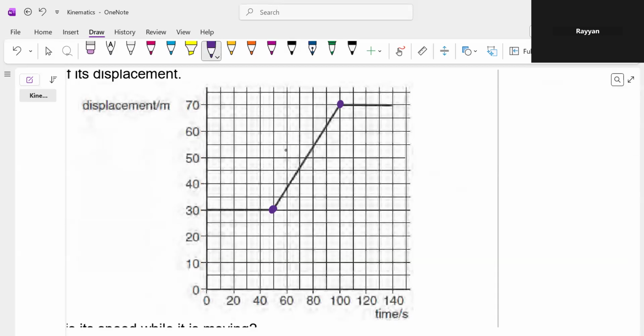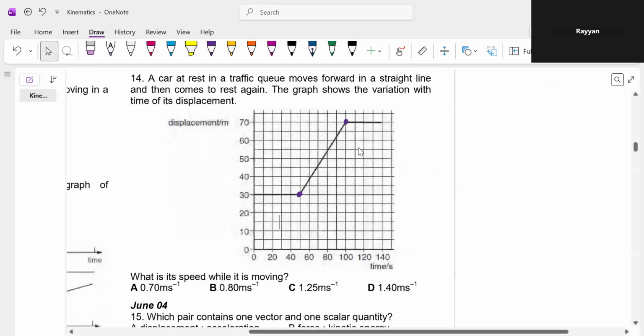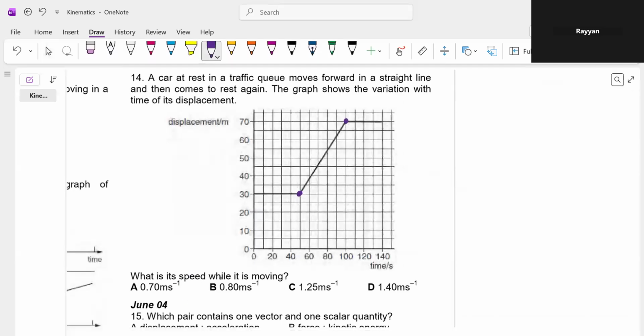Which one are you saying? No, I was just saying on the graph, the point down on the x axis. This one? No, it's fine, I got it. Can you zoom out? I got 0.8, so I think it's B. Yeah, that's correct.